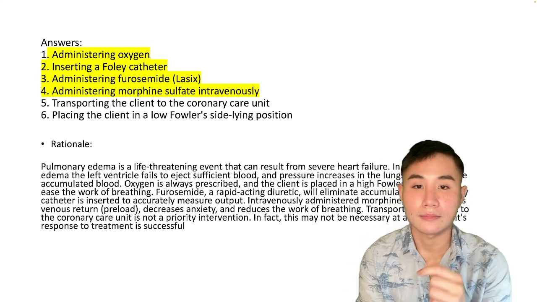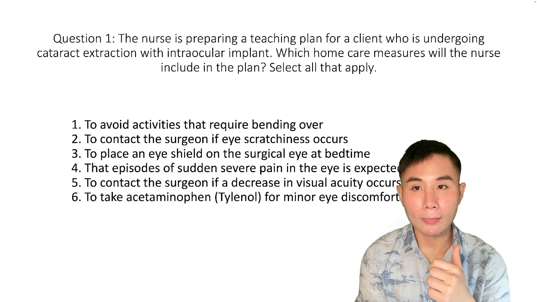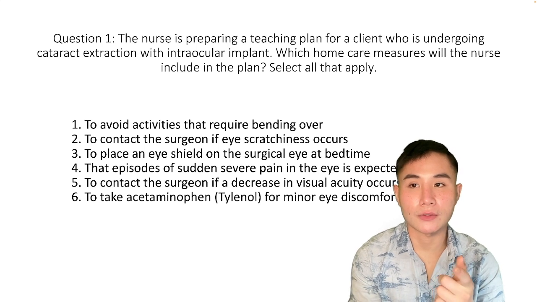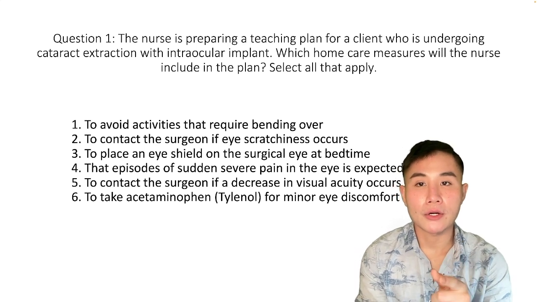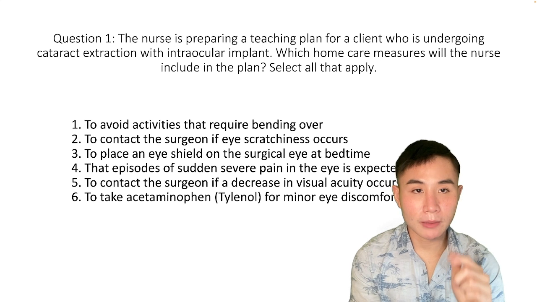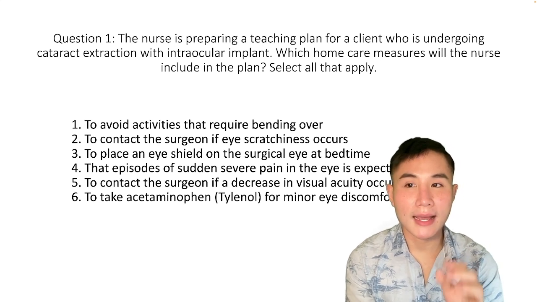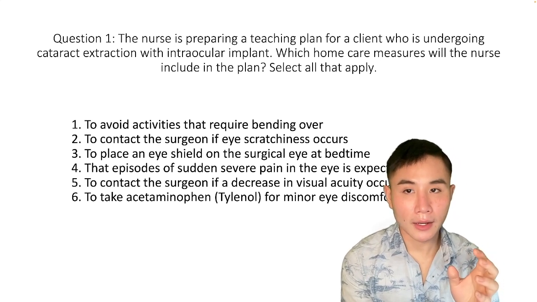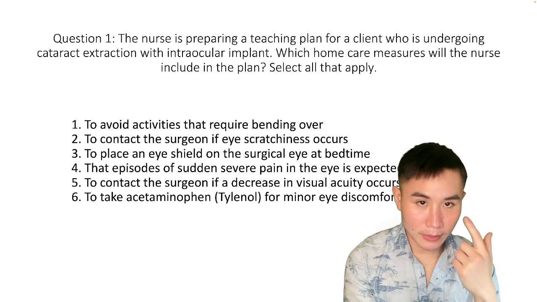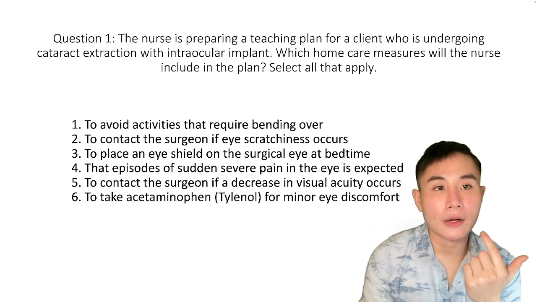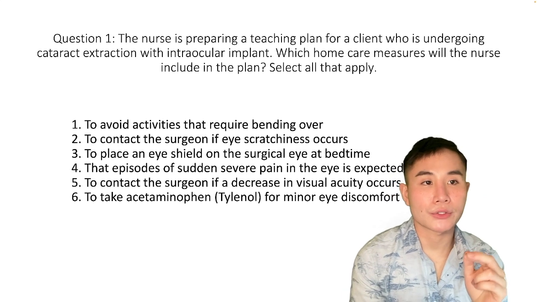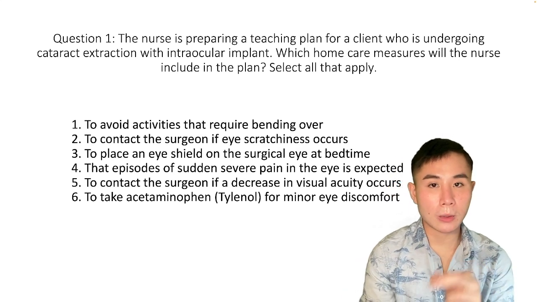All right, next question. Oh, this is question number 2. Okay, the nurse is preparing a teaching plan for a client who is undergoing cataract extraction with intraocular implant. Which home care measures will the nurse include in the plan?